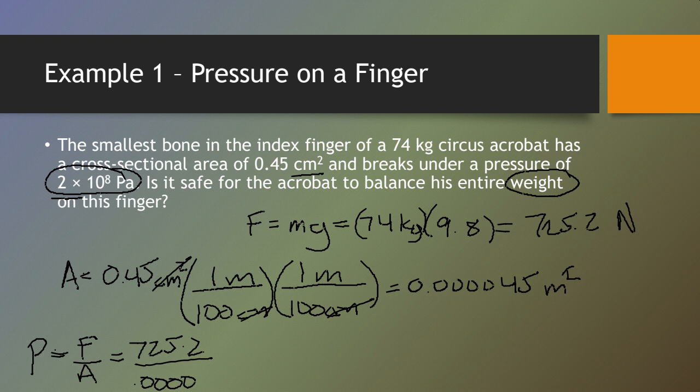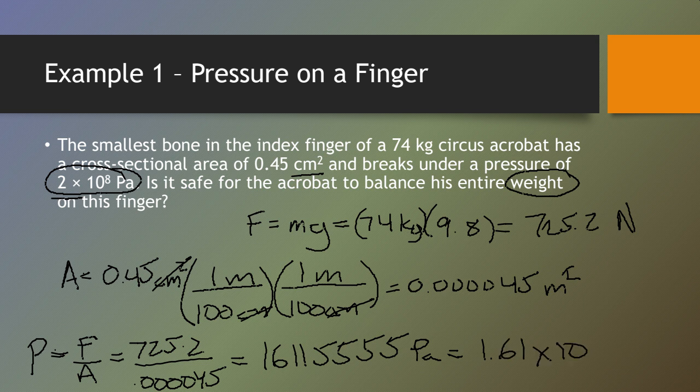And that gives us a pressure on the acrobat's finger of 16,115,555 pascals, newtons per meter squared, which is 1.61 times 10 to the 7th pascals. So less than the pressure that his finger can hold. And so it would be safe. The answer here would be yes. He could balance himself on his pinky.